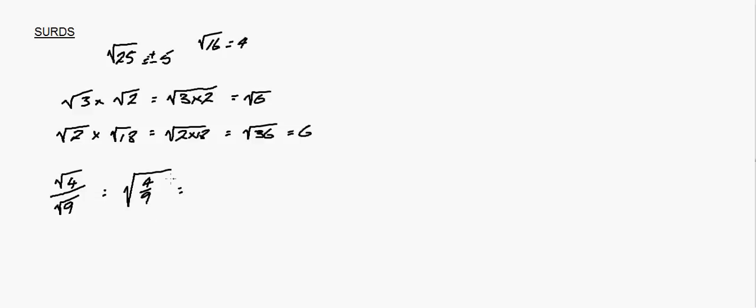Now we know the root of 4 is 2, and we know the root of 9 is 3. So root 4 over root 9 is the same as the root of 4 over 9, which is 2/3.